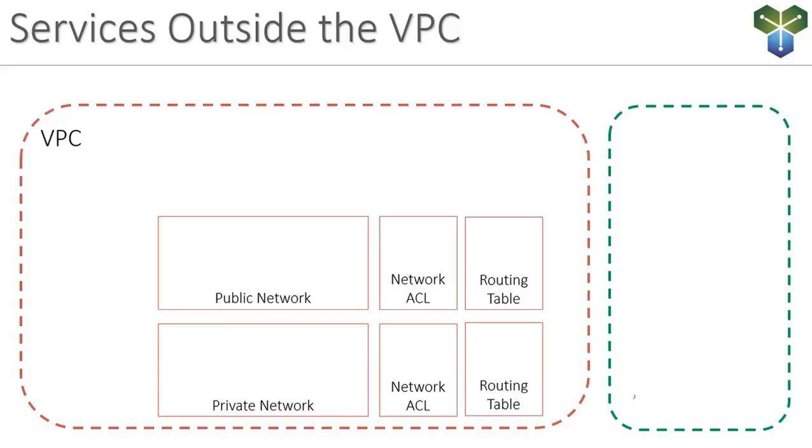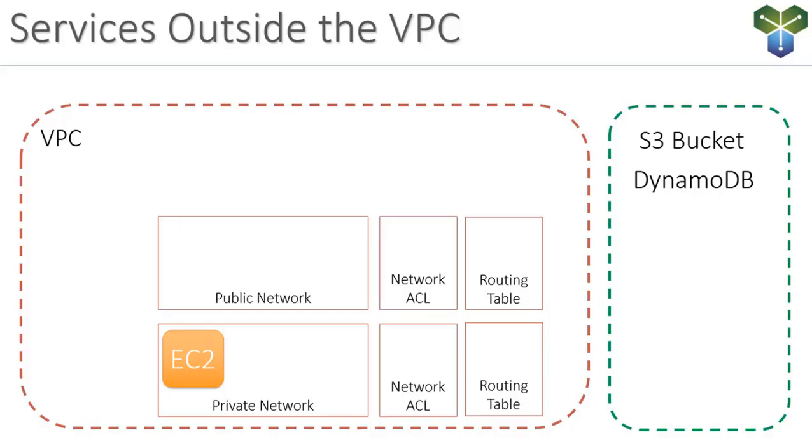Here we see an EC2 instance that's created in a private subnet. So I've got an EC2 instance in the private subnet, but it needs to now communicate with resources that exist outside of the VPC. Those resources could include an S3 bucket or a DynamoDB table.